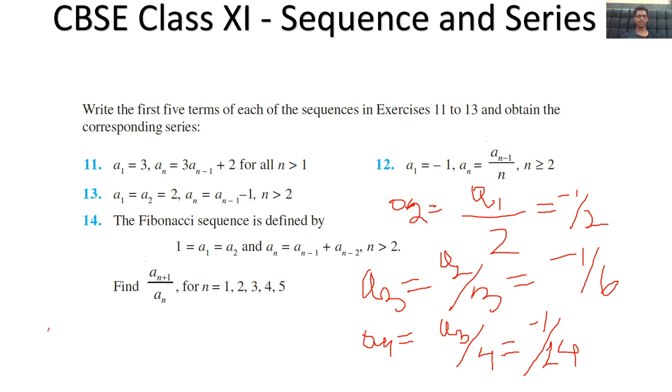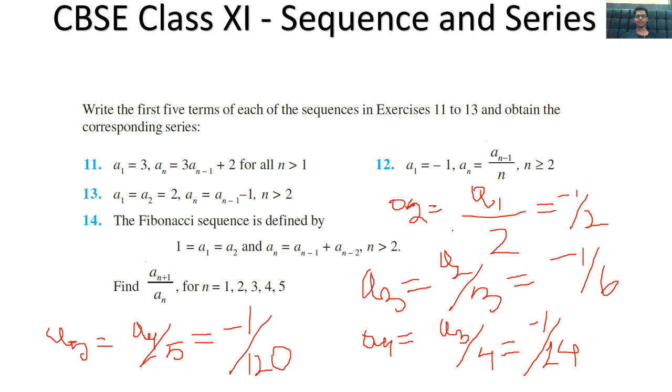Next, a5. We have a5 as a4 by 5. It's going to be minus 1 by 120. That's correct.